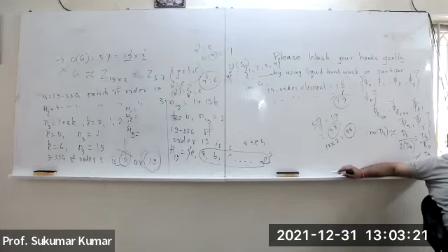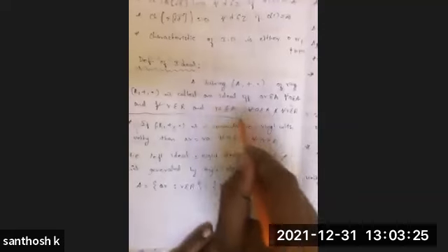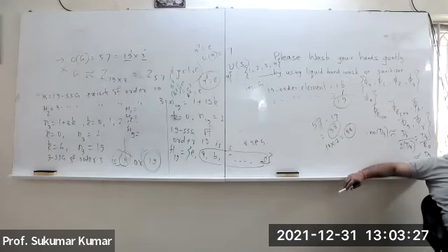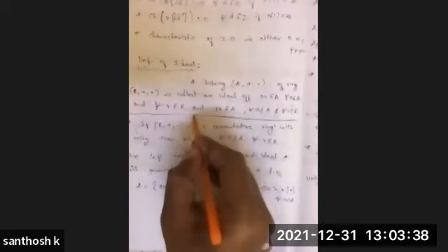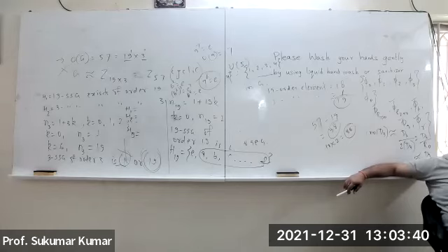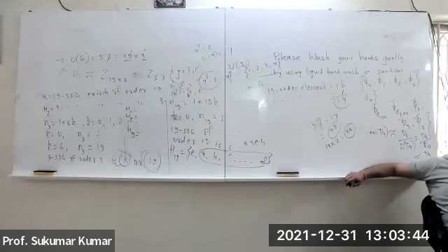But the definition of an ideal is different: an ideal is a subring that contains AR and RA both. So a principal ideal needs a commutative ring.